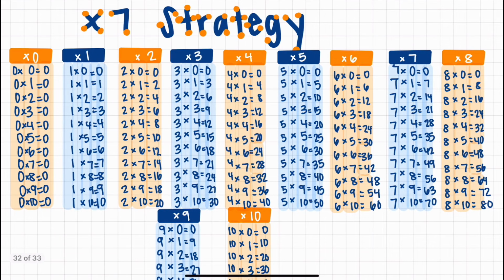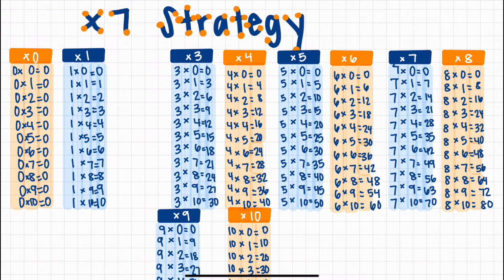Okay, so now we're going to look at this multiplication chart right here. And we're going to talk about the various strategies we've learned so far across these lessons to help us be more efficient when we multiply and to build our fluency. So we started off talking about doubles and how we could double any number because it's 2 sets of that number.